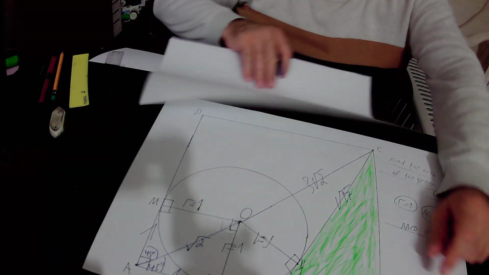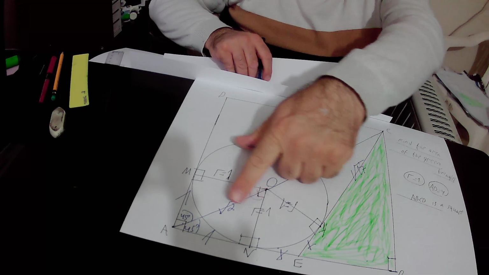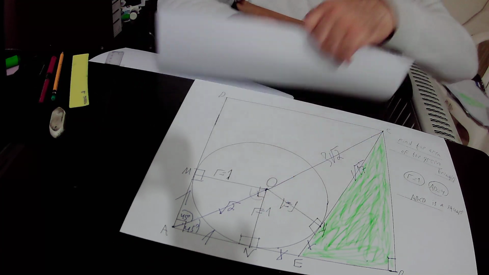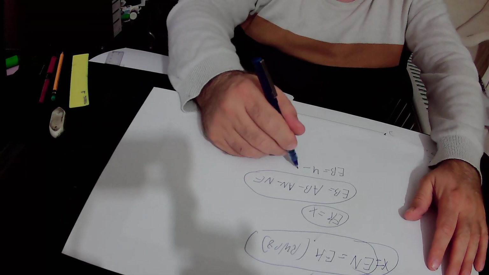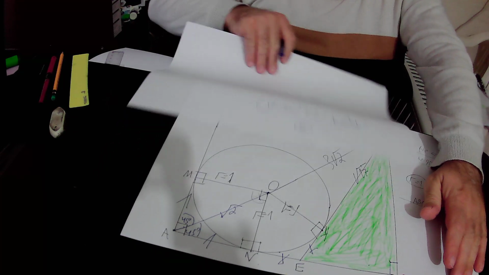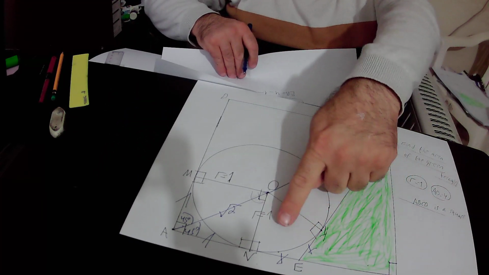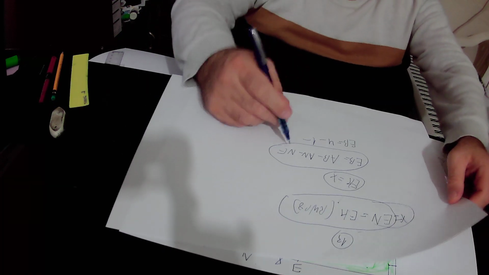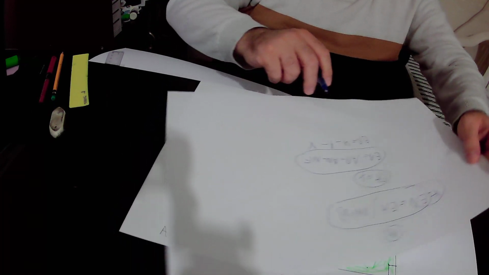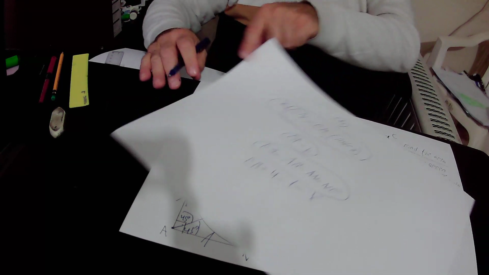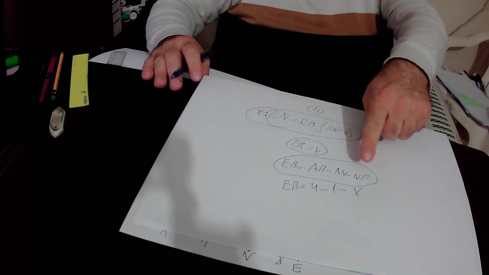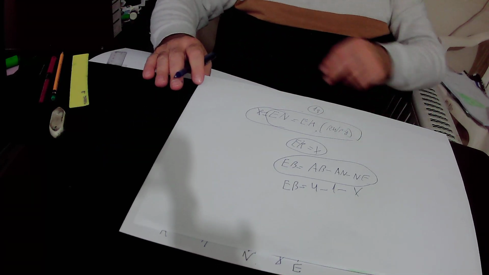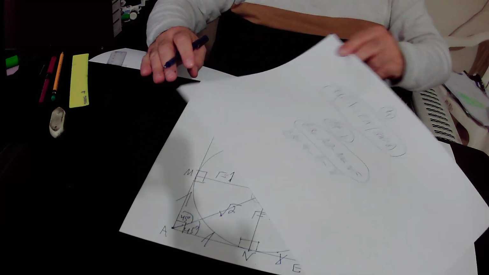AN, we have already found out that AN equals 1 unit. And NE equals X according to our definition. So in conclusion, we found out that EB equals 4 minus 1 minus X. 4 minus 1 is 3.